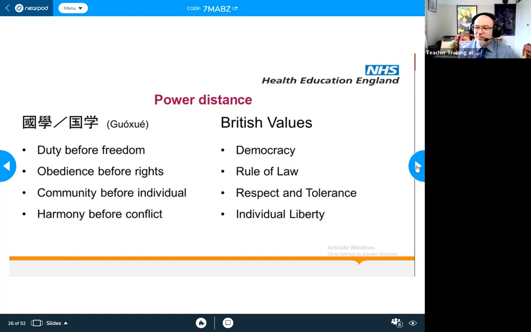So as we're playing on respect and tolerance, the rights of the individual and democracy, you balance that against duty before freedom, obedience before rights, community before the individual. It's almost the opposite, harmony before conflict. Obedience before rights, you could say, aligns with rule of law.